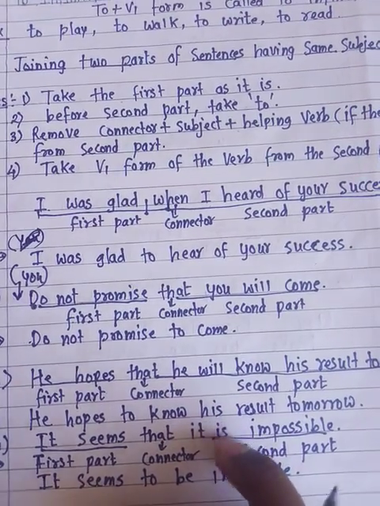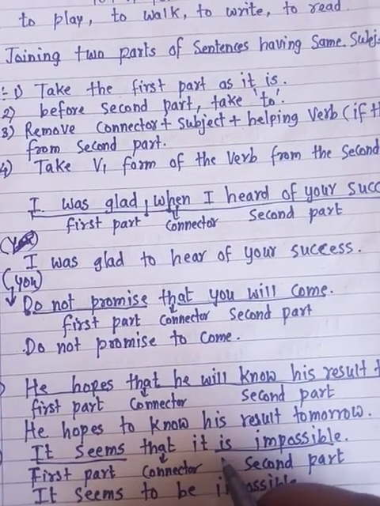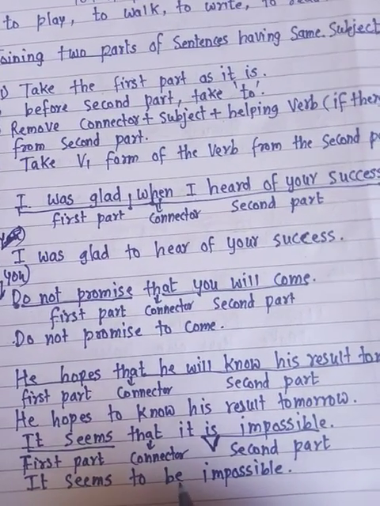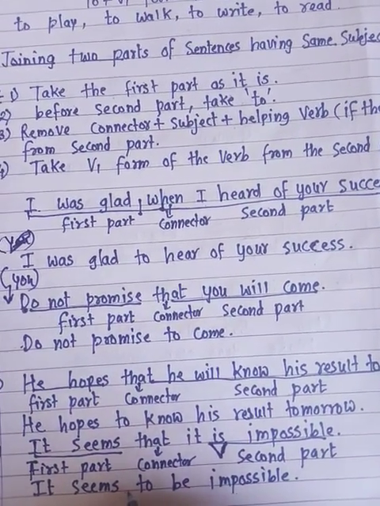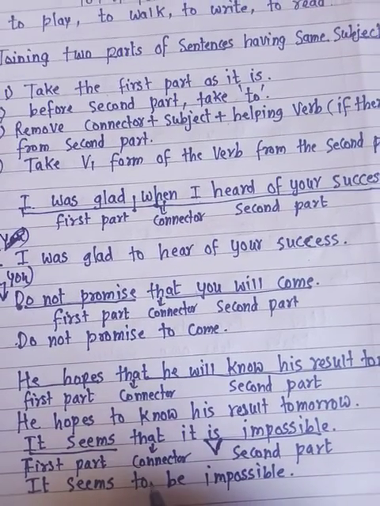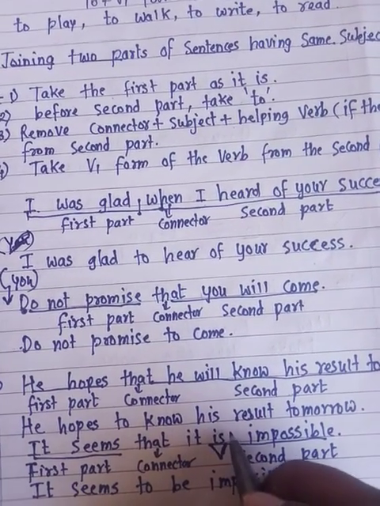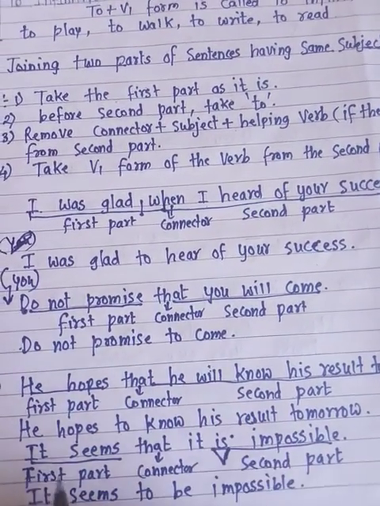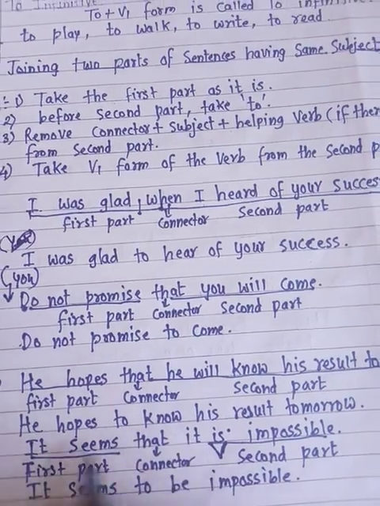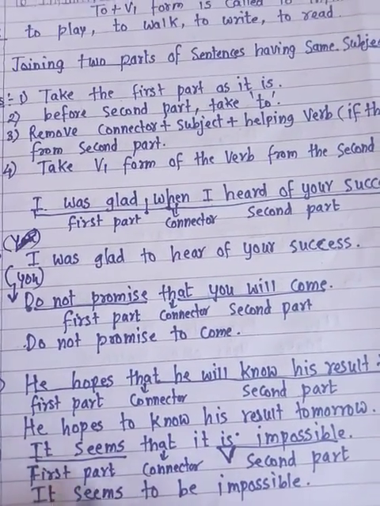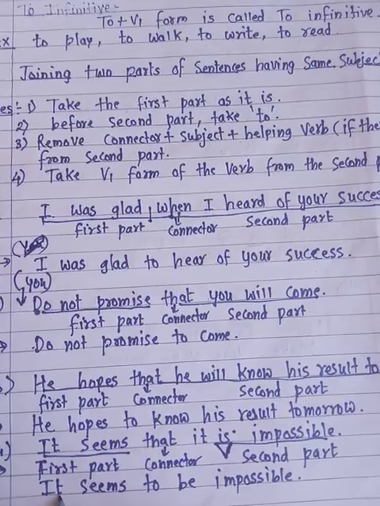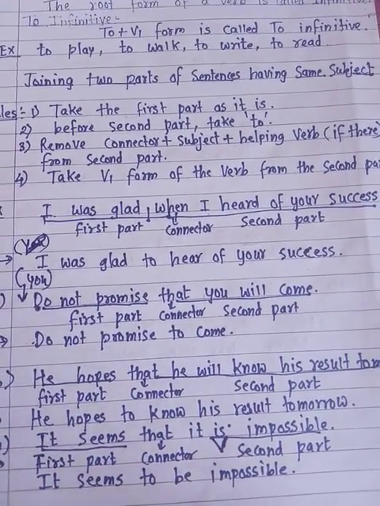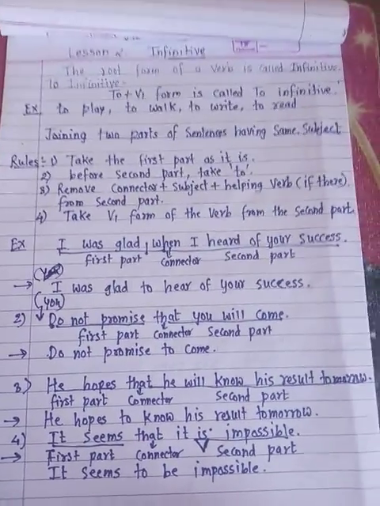We have to take the first form of the verb, and here the verb is is, and the first form of is is be. So it seems, removing the connector we have taken to, and the first form of is, be: to be. The next part, impossible. The subject is removed because the subjects are common. So it seems to be impossible. I hope you have understood this.